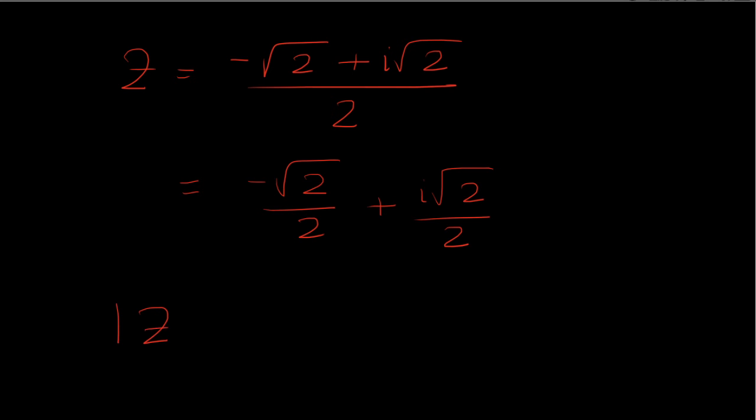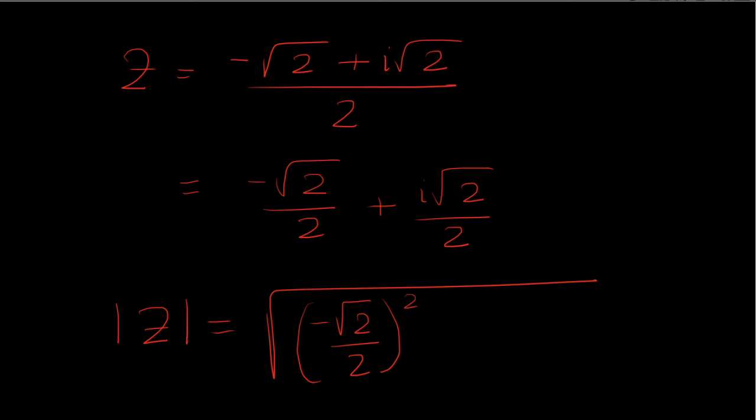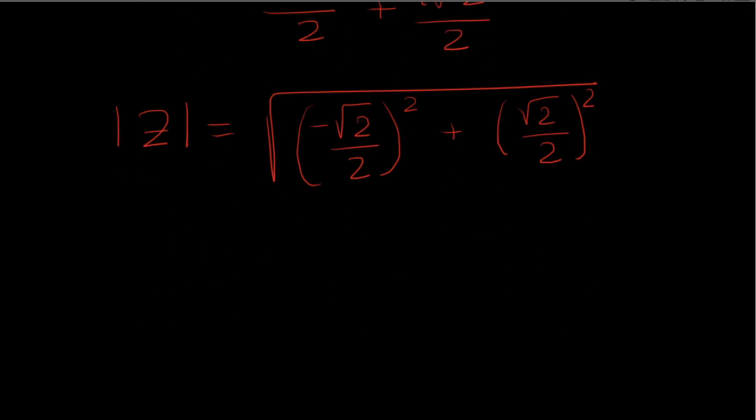So we take the modulus, and we're going to take the real part, square it, plus the imaginary part, square it. And notice that they're the same numbers. Once you square it, they're the same. So you really have 2 copies of these.